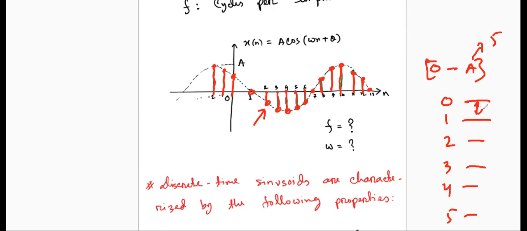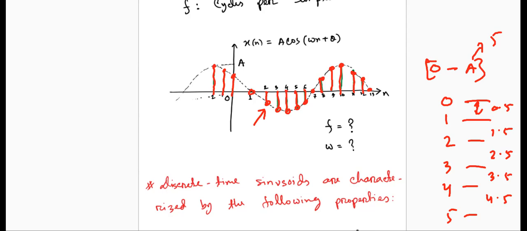If you want in-between values, it can also be done, like between 0 and 1 you make another point, 0.5, 1.5, 2.5, 3.5, 4.5. This is called the resolution. If you increase the resolution, yes, it can be a discrete signal and a digital signal as well.